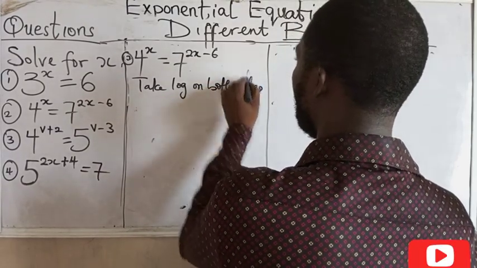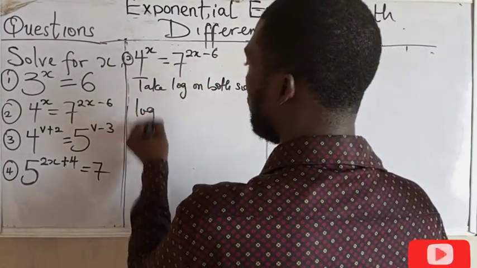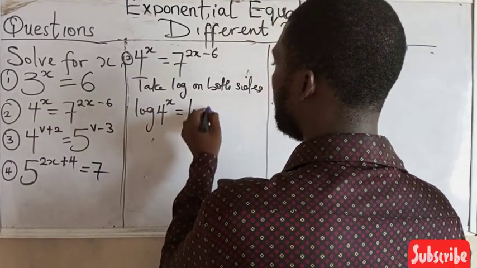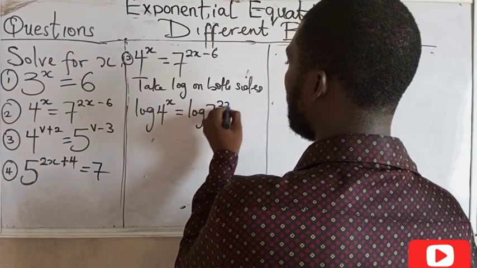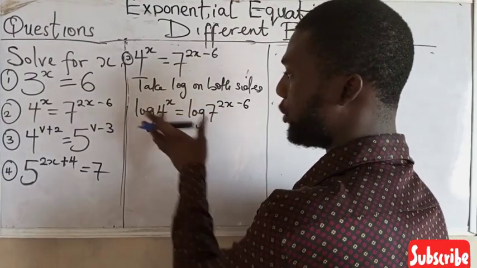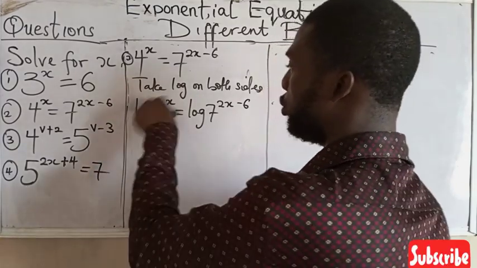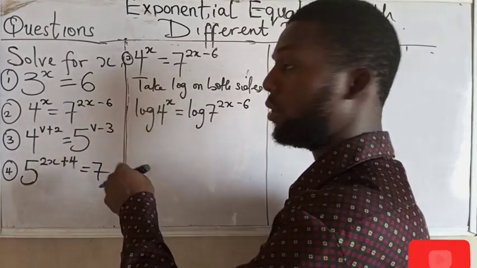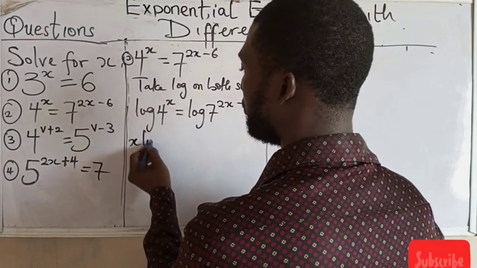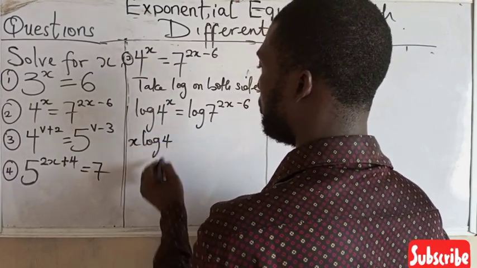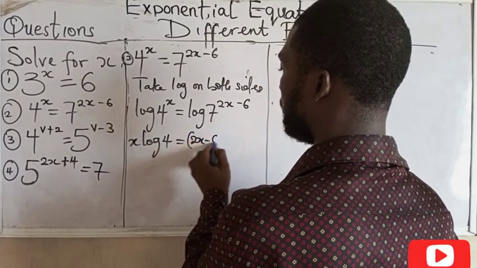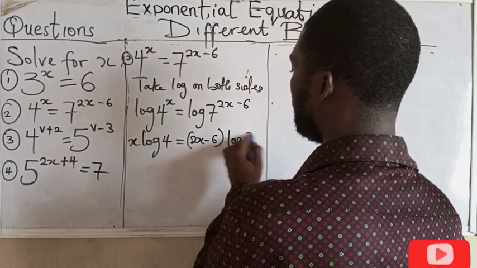So we have log 4 raised to power x equals log 7 raised to power 2x minus 6. Then, as soon as you write this, we introduce the power law of logarithm by saying that the power here moves to the front of logarithm. So it's going to be x log 4 equals 2x minus 6 log 7.